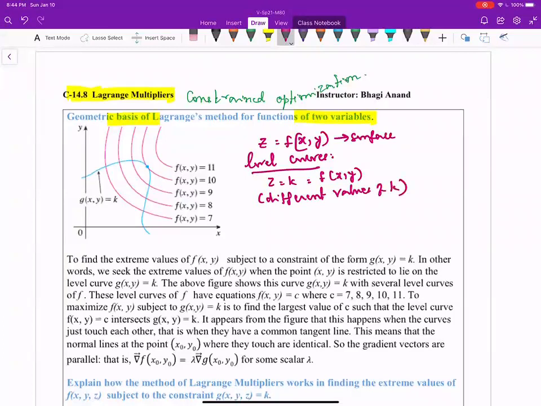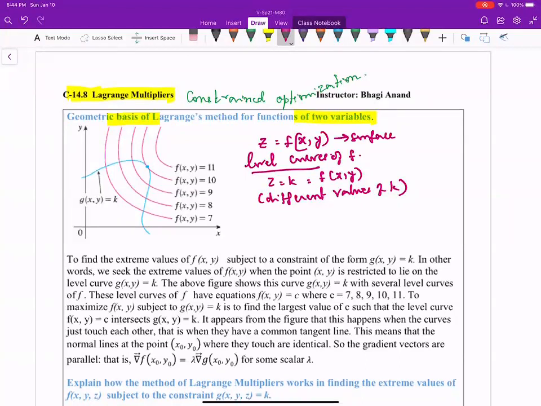In the picture, f of x, y equal to 7 is the level curve corresponding to k equal to 7, and k equal to 8, 9, 10, 11. These are level curves of f.